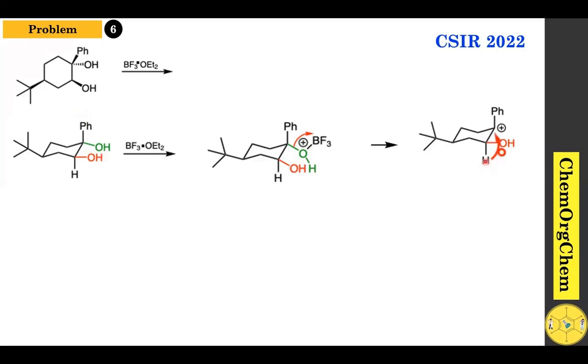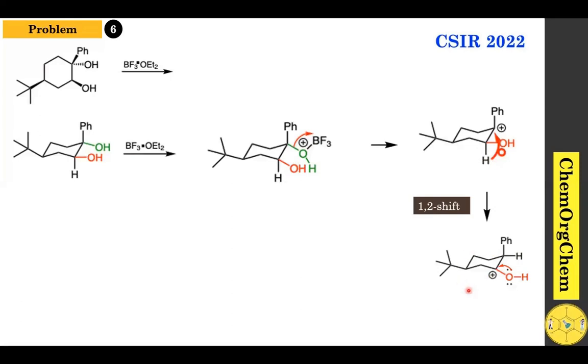So this hydrogen migrates to the bottom face. Once again, I am saying this hydride ion migrates towards the bottom face in order to reach the corresponding carbocation center. Because this hydride ion migrated on the bottom face, for that reason the hydrogen here is attached in the equatorial position.